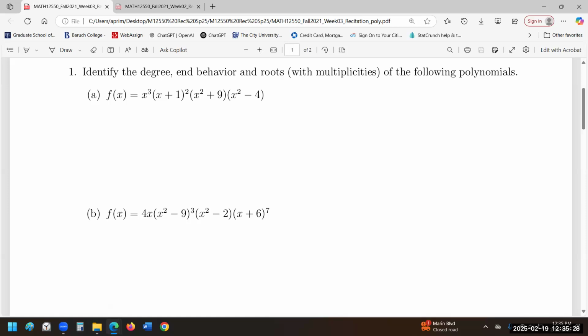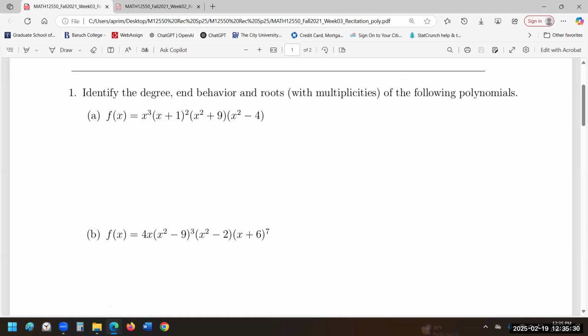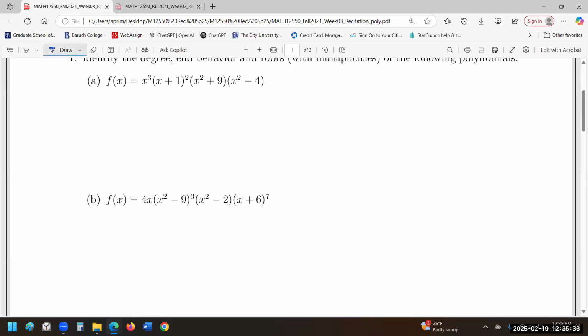So we have 4 types of polynomials. Let me draw all 4 here. The first type is, let's say we have even degree with positive coefficient. Even degree means 2, 4, 6, 8, those degree. So one best example of this type is y equals x squared. Now y equals x squared, you know its shape is parabola.